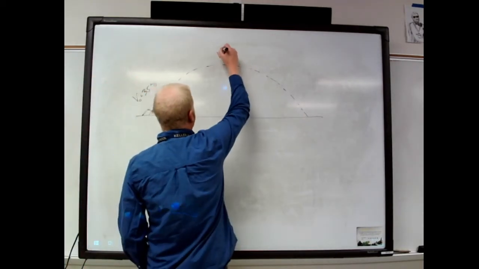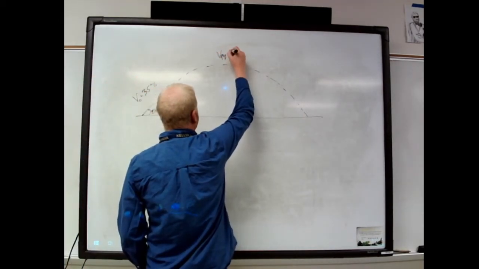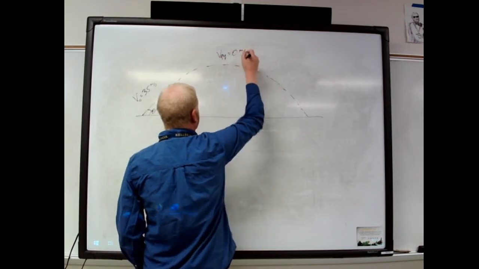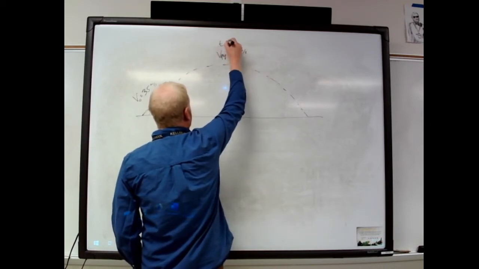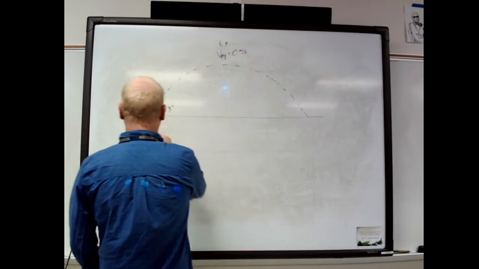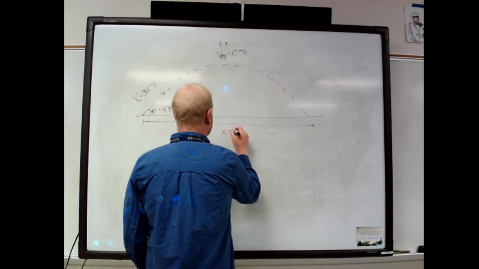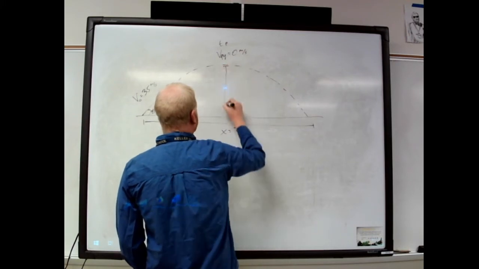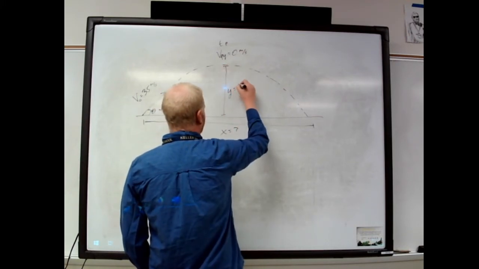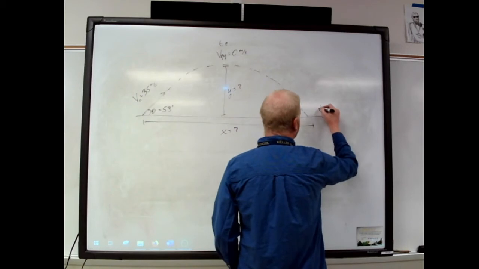Again, we know that the vertical velocity at the peak is 0. We want to know the range, x. We want to know the maximum height, this y, and we want to know the total time.